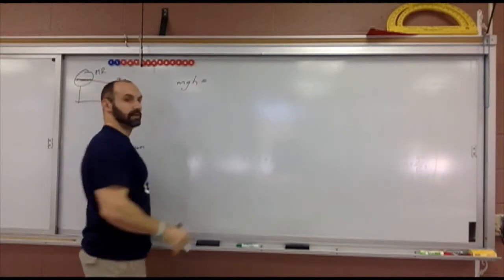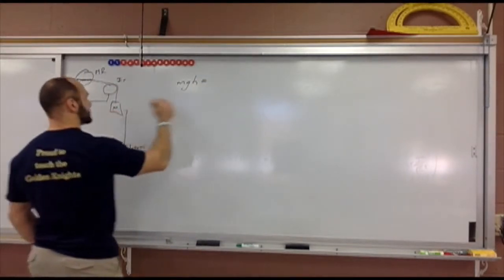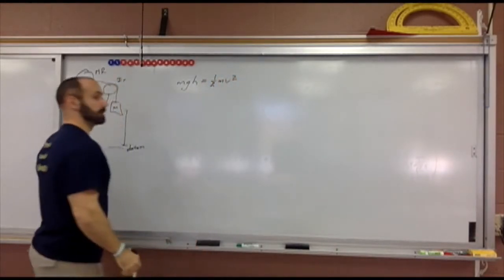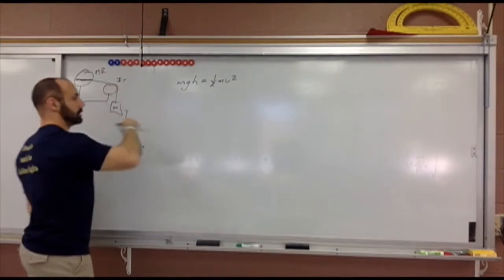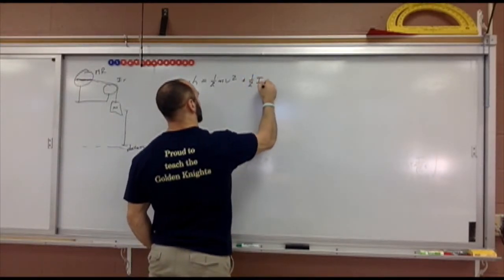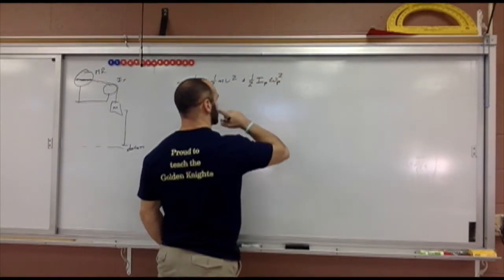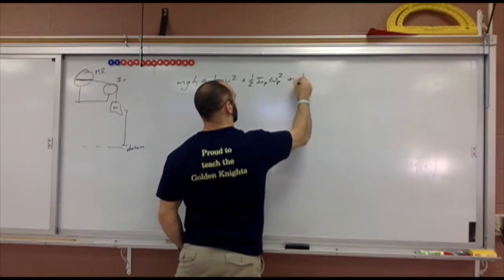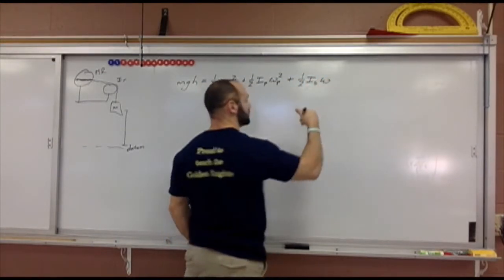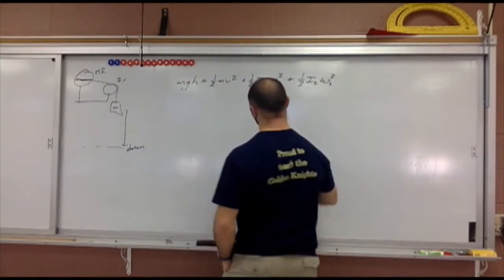And then at the end, I'm going to have kinetic energy. How much kinetic energy? Well, I'm going to have the kinetic energy of this, which is 1/2 mv squared, plus the kinetic energy of the pulley, so that's plus 1/2 I of the pulley, omega of the pulley squared, plus 1/2 I of the sphere times the angular velocity of the sphere squared.